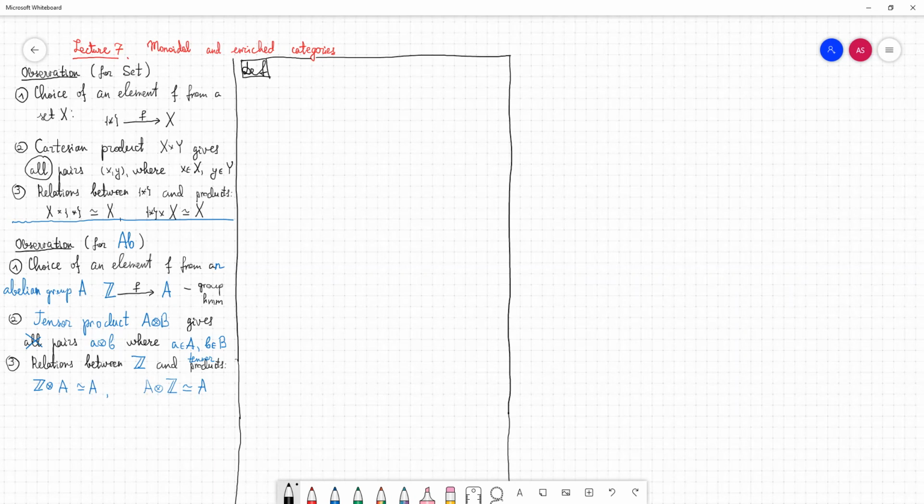Also, elements of the abelian group A ⊗ B are not just pure tensors a ⊗ b, but sums of such tensors. And we have relations similar to those in sets, between Z and the tensor product. The tensor product of any abelian group with Z on either side is isomorphic to the group A itself. So we see that there are differences between the category of sets and the category of abelian groups.